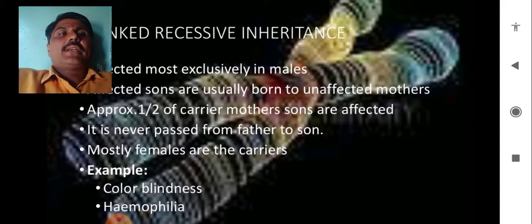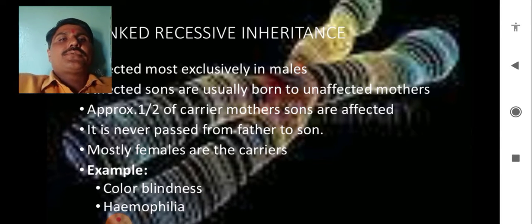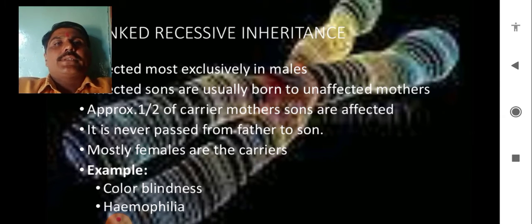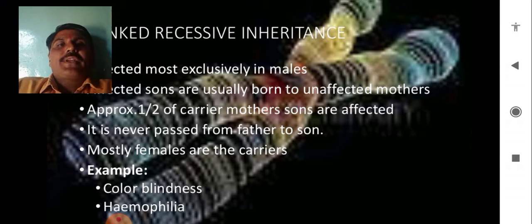Today we'll be having a talk on X-linked recessive traits. In the previous lecture, we covered sex-linked inheritance: which progeny will be affected, and what the ratio will be when the mother is affected and the father is unaffected, and vice versa.